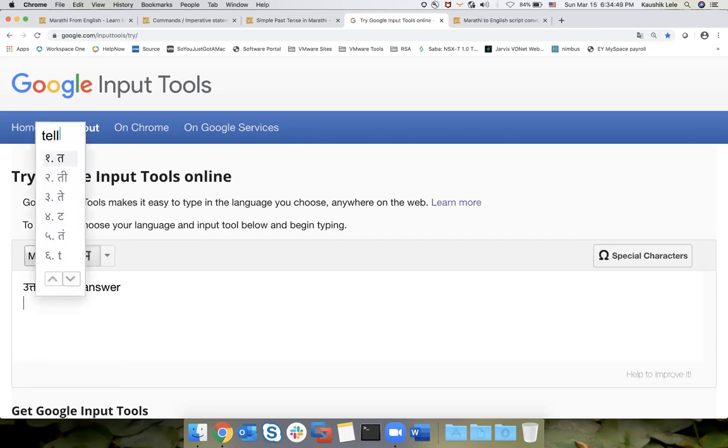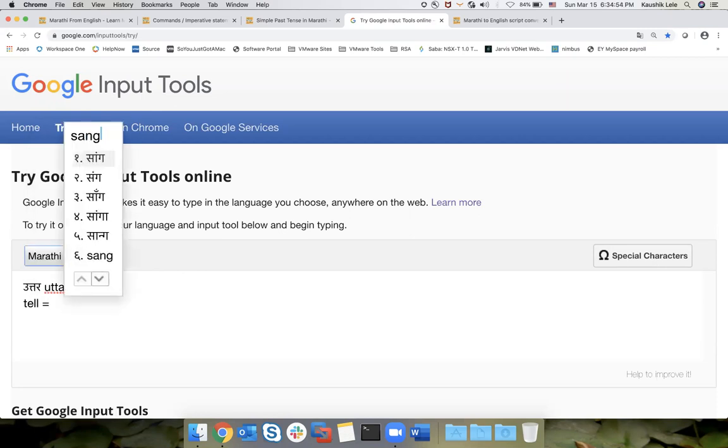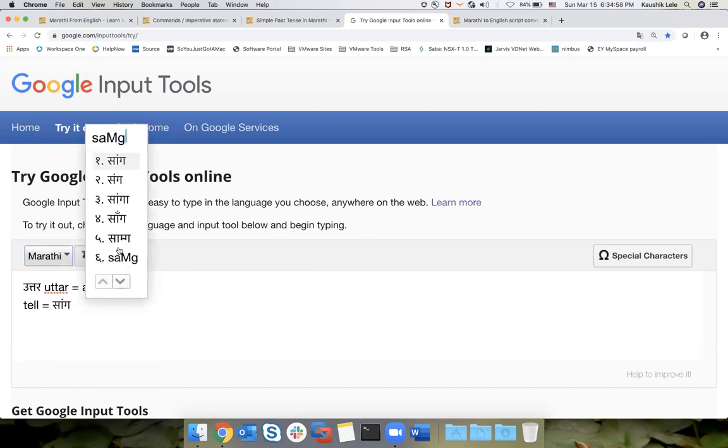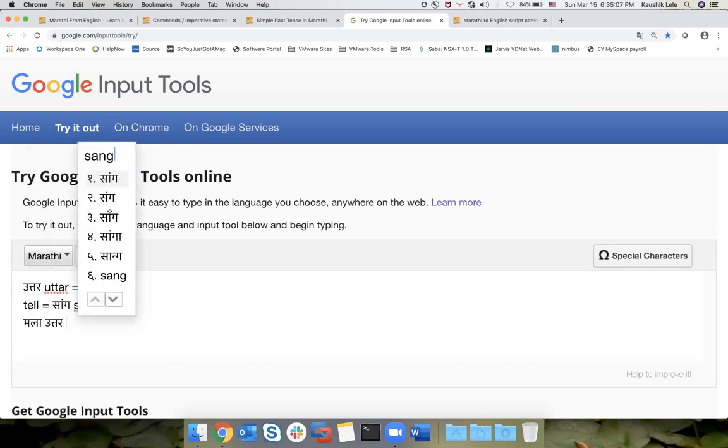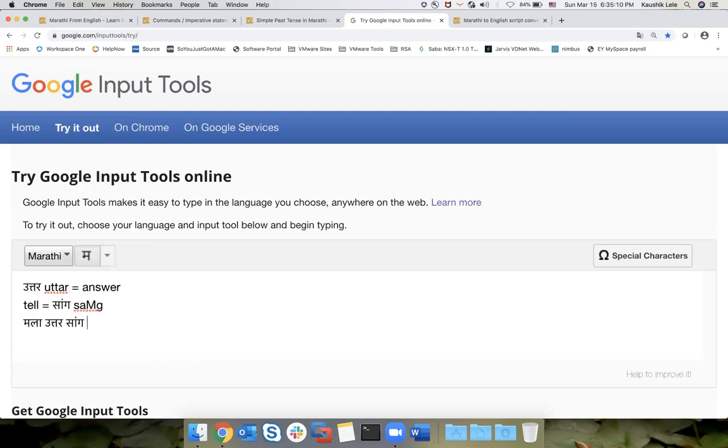To tell is सांगणे. And negative will be मला उत्तर सांगू नकोस.